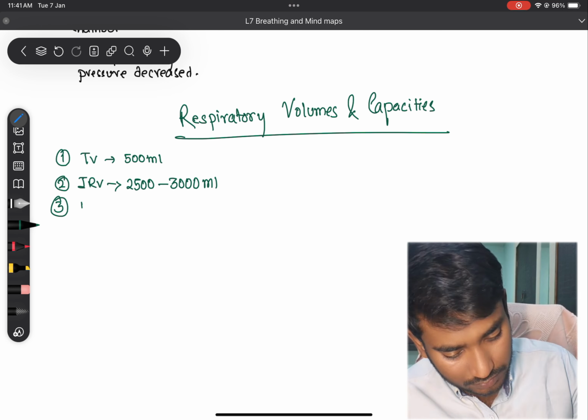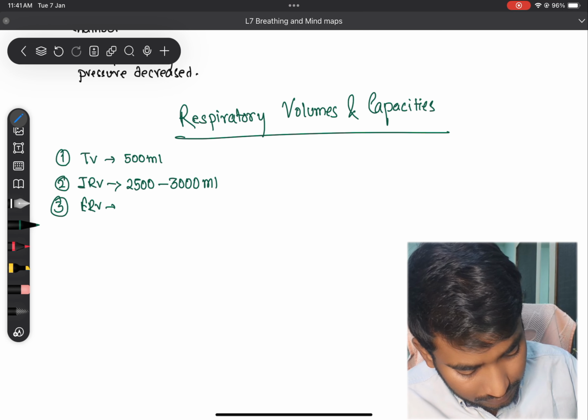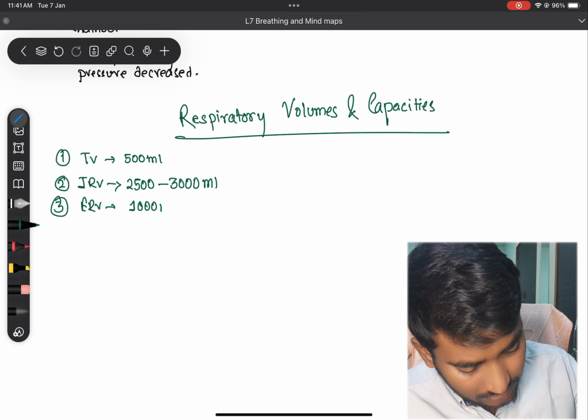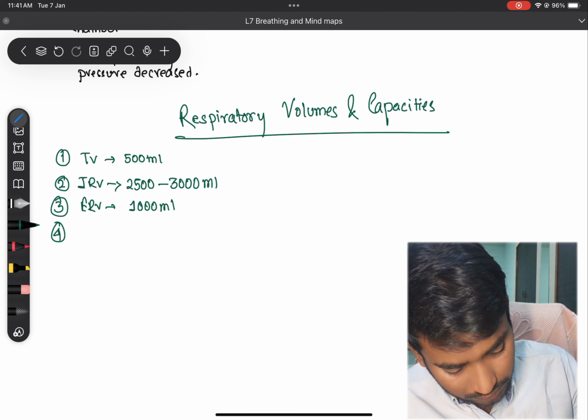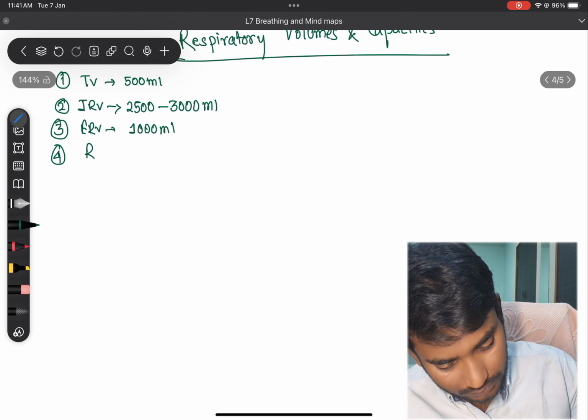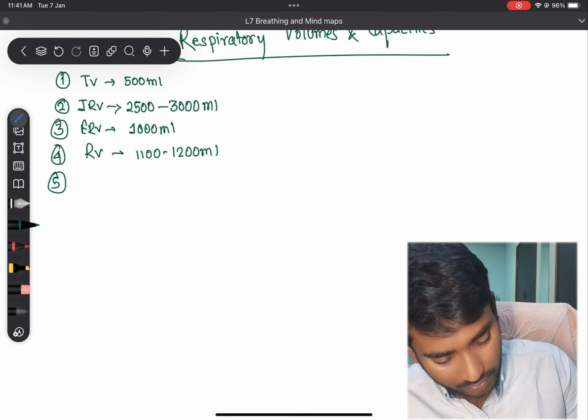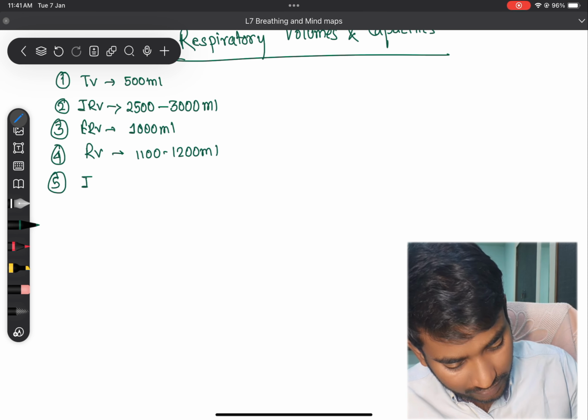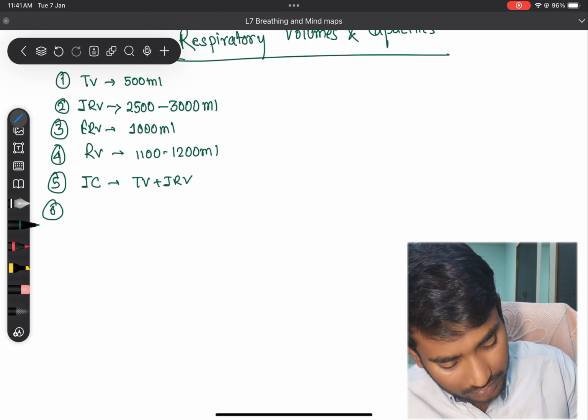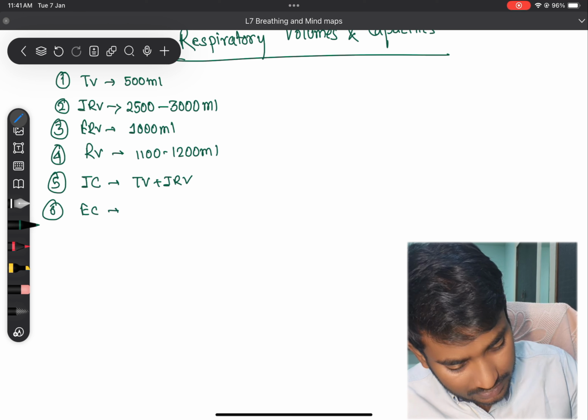Third one is ERV, that is 1000 ml. Fourth one is residual volume, that is 1100 to 1200 ml approx. Five is IC, the inspiratory capacity. It is the summation of TV plus IRV. The expiratory capacity is EC.